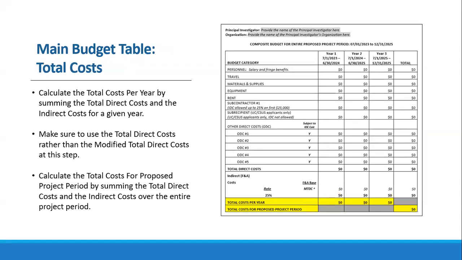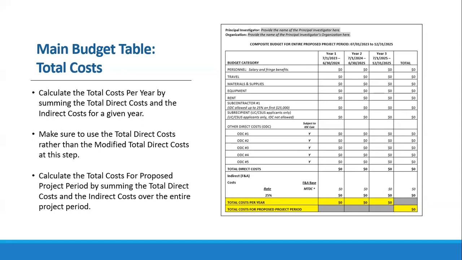And then we come to the total costs, and in some ways, these are the most important sections to make sure are accurate, that are summed by taking the total direct cost, and in this case, not the modified total direct cost, but the total direct cost, and adding the indirect costs to come up with the total that will be expended in actual dollars per year.